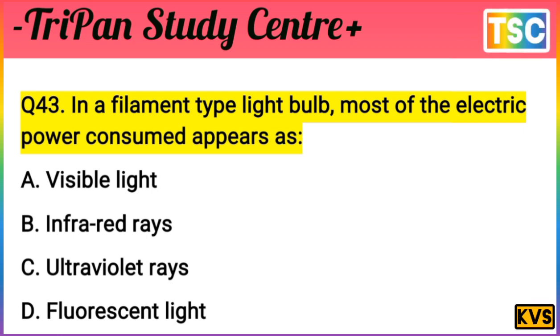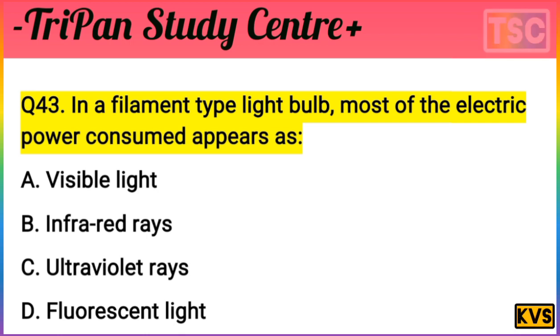The question is most interesting. In a filament type light bulb, the red bulb here, tungsten is used as the filament. Most of the electrical power is consumed by the tungsten wire. Visible light is not applicable as the answer.